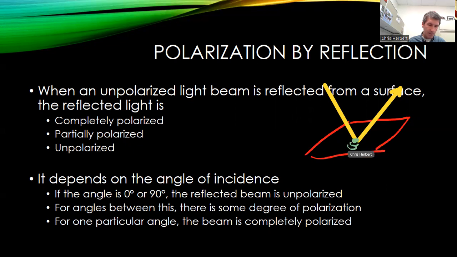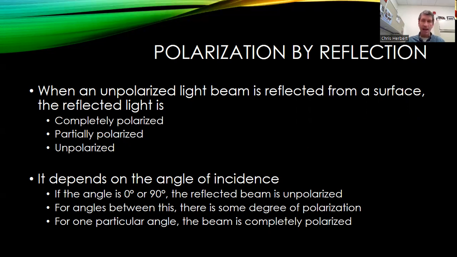It can't oscillate up and down, which means that my reflected polarization is going to be parallel, basically, to the interface for a certain angle. We call that Brewster's angle.